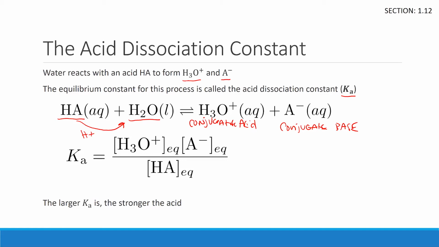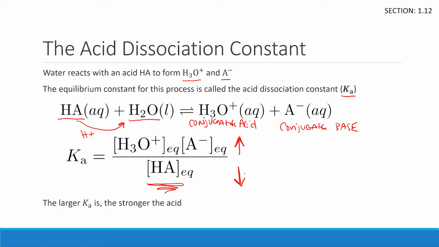Now the amount of conjugate acid, H3O plus, and conjugate base, A minus, that is formed, divided by the starting amount of acid we put in, gives us a Ka. So what this tells us is that if this number on the top is very big and this number on the bottom is very small, that's a situation where we put the acid in and almost all of it dissociates.